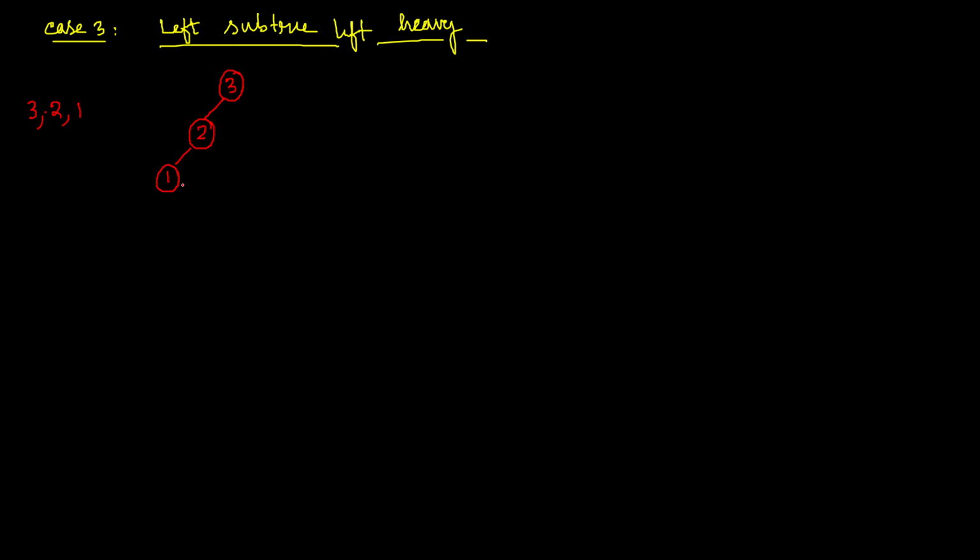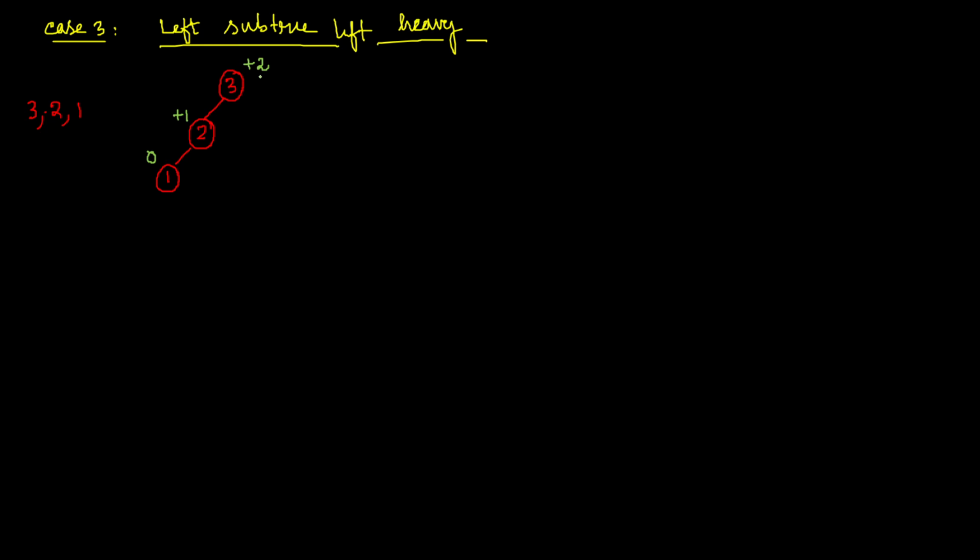Now you see, obviously the balance factor for this node is equal to 0 because this is a leaf node. But the balance factor of this one is 1 minus 0, that is plus 1. And the balance factor of this node 3 is, on this side 2, 1, 2, and this side 0, that means 2 minus 0, that is equal to plus 2. That means this node is unbalanced.